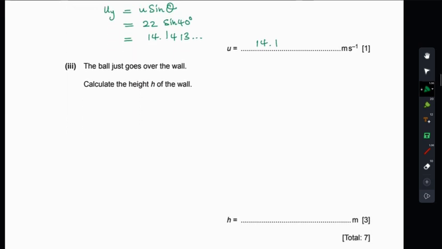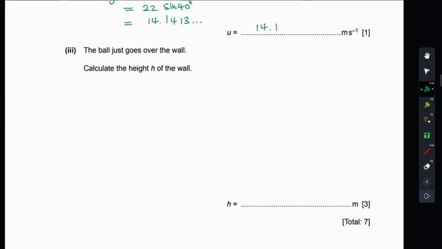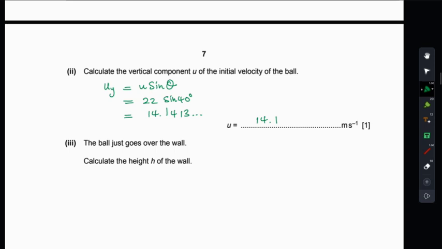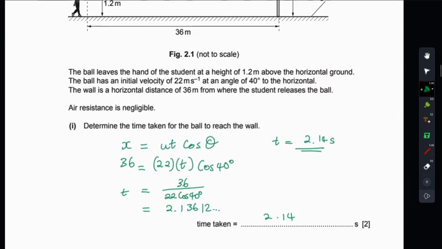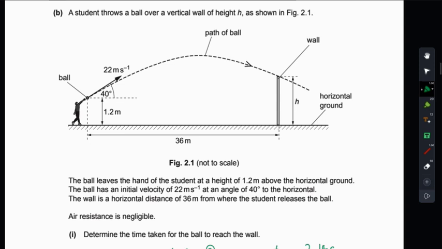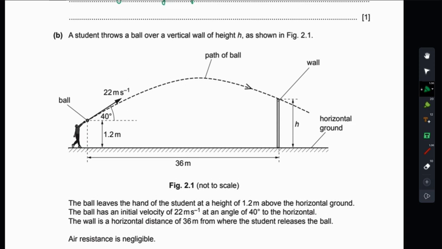We are told that the ball just goes over the wall. Calculate the height of the wall. This is quite interesting, so let's go back to the diagram. We already know this is 1.2 meters.